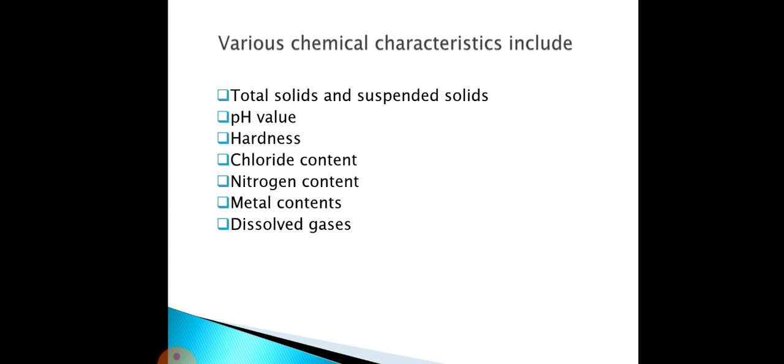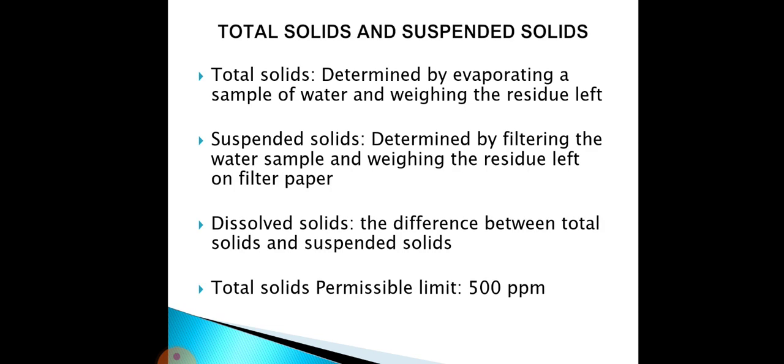When it comes to all these parameters that we mentioned here, each of them has a specific value or permissible limit, and if it is in excess of the permissible limit, then we can say that the water is unfit for drinking. For total solids, the permissible limit in any given sample of water is 500 parts per million or 500 milligrams per liter.